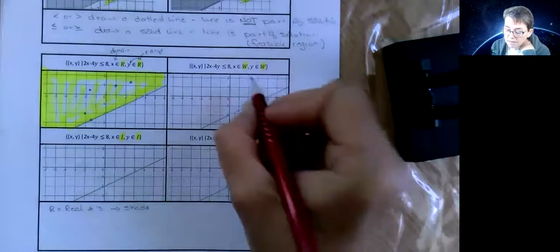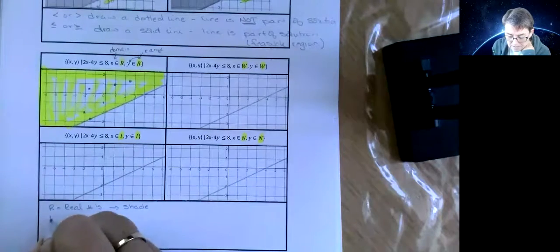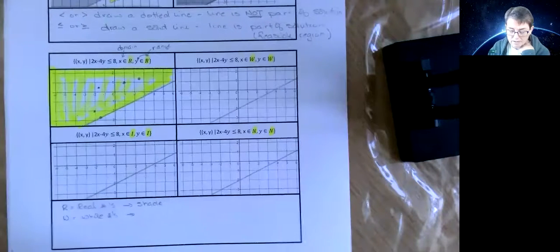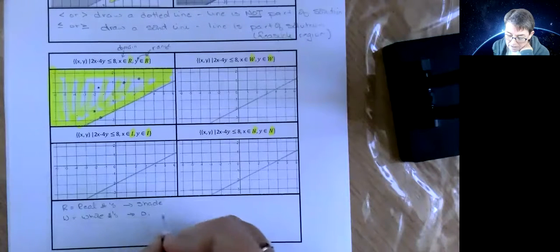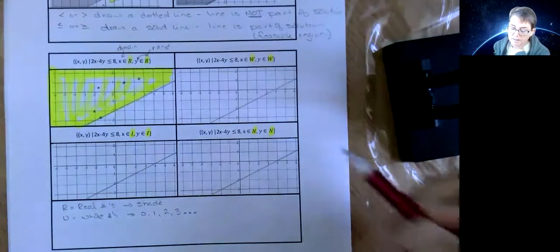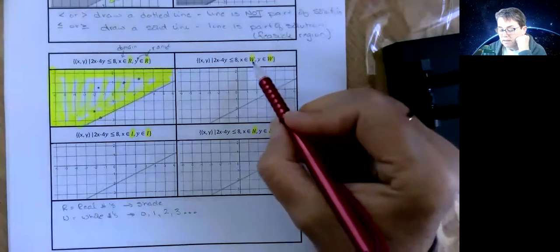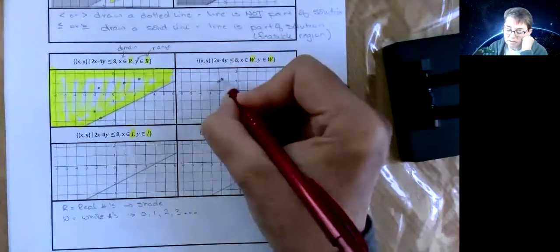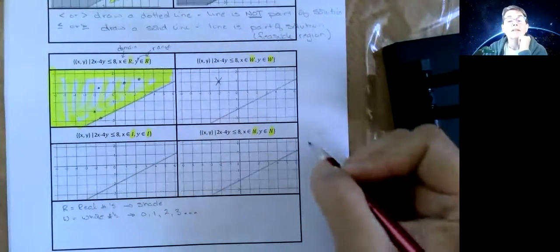All right, so W stands for whole numbers. How's the memory? Whole numbers start at 0, and it's like 1, 2, 3, like that. So if we are restricted to whole numbers, this one right there is no good because it's got a negative in it.